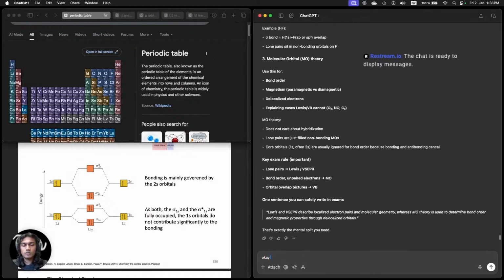Okay, I'm gonna start today's session with a sentence I believe is right. The F2 is an sp overlap.